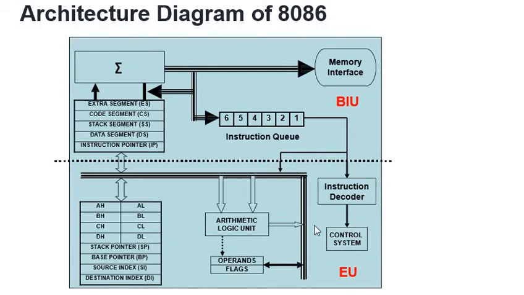So the control system block will generate the control signals required for this entire microprocessor architecture. The control signals such as the read signal and write signal are used in order to take the data or to transfer the data, and the bus signals, so system bus signals: address bus, data bus, and control bus signals.